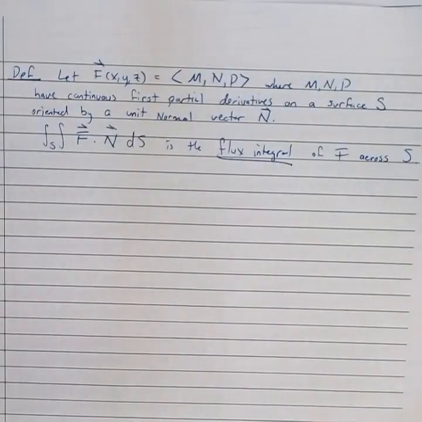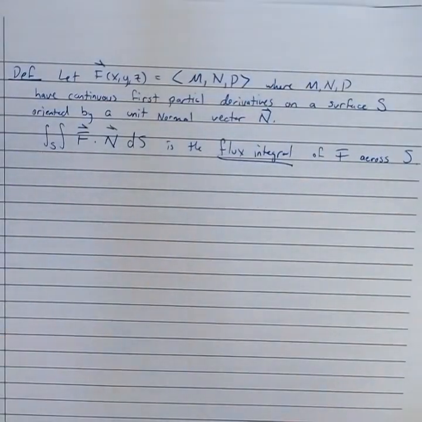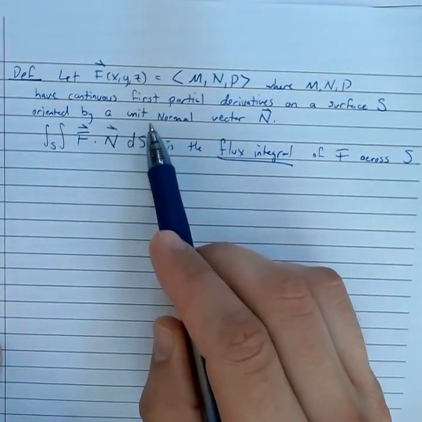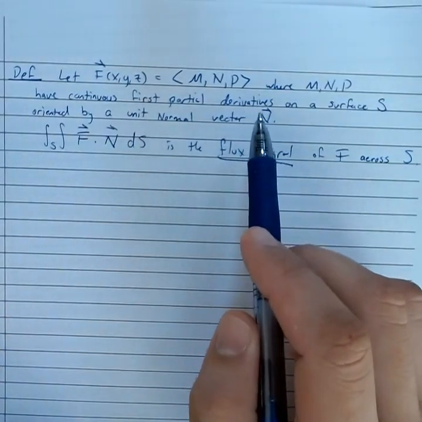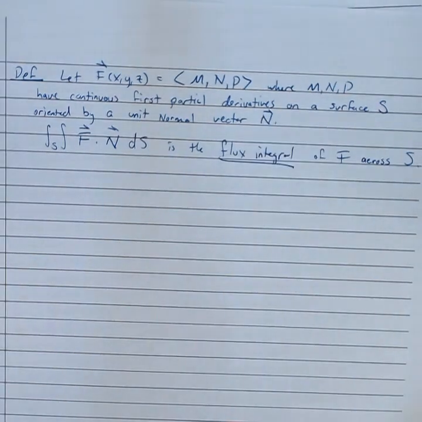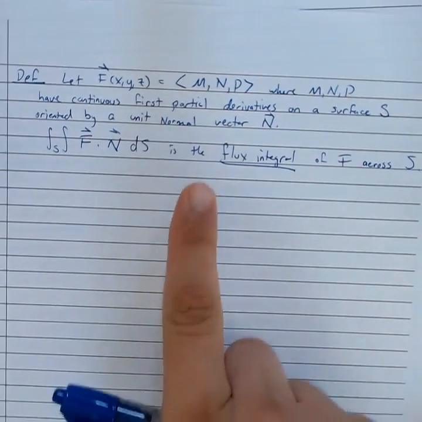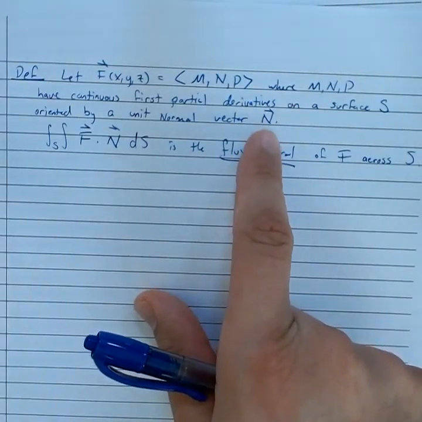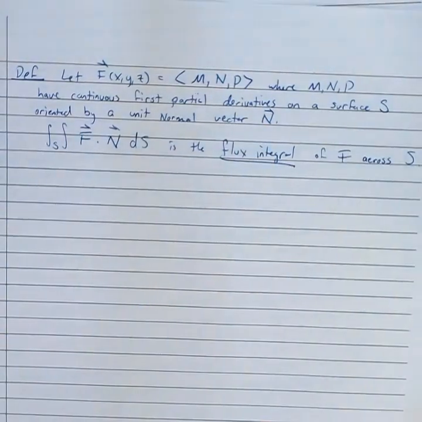Now, that surface S is oriented by a unit normal vector. There's a unit vector that is normal to the tangent plane of our surface at every point, and we're going to be using that unit normal vector as a sense of orientation. In other words, that one vector is considered to be out or up or whatever direction we wish to define.